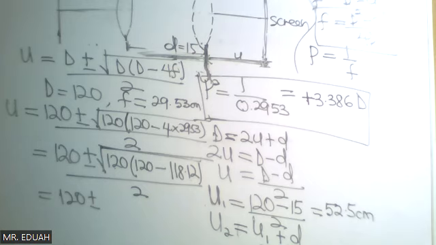Let's confirm, please. So times 120, which is this. Then you take the square root of this. I had 15.02.